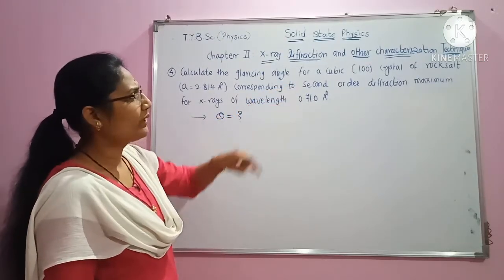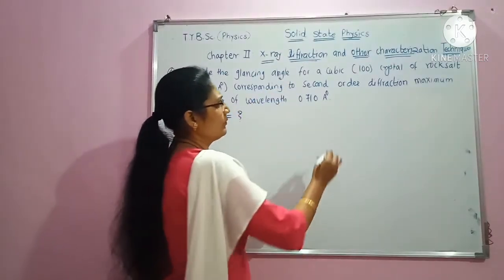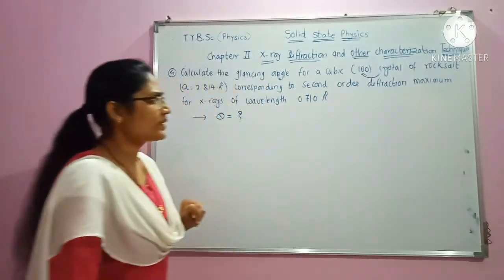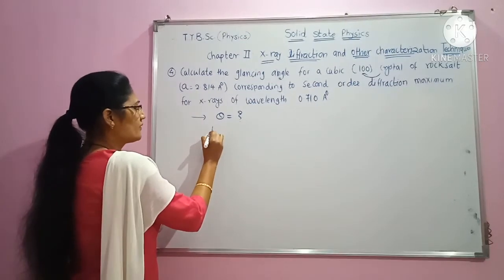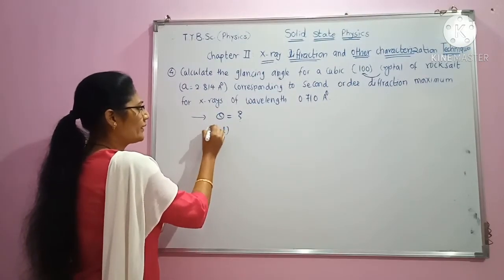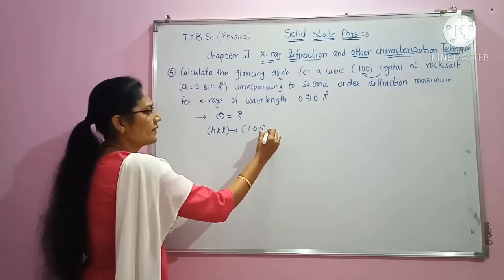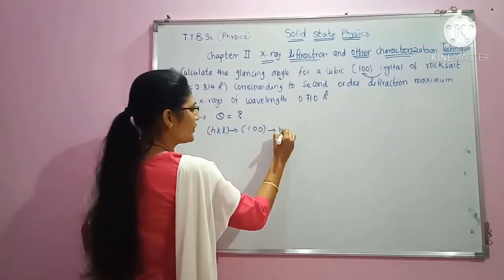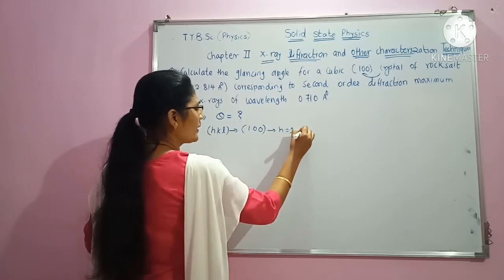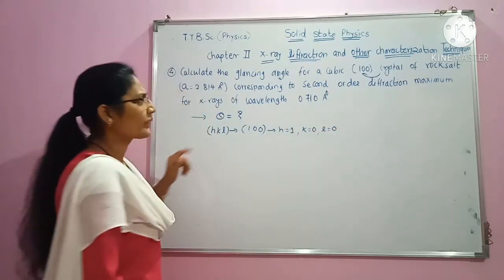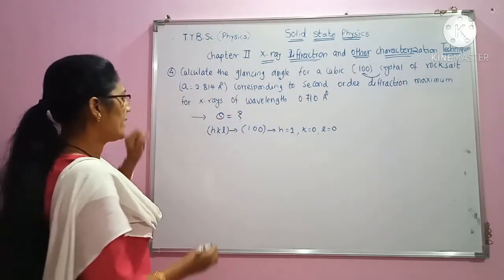For a cubic crystal, plane is given. This is crystal plane. Plane is given means HKL value is provided to us for 100, that is it will give us information related to H is equal to 1, K is equal to 0 and L is equal to 0 of the rock salt, and A is given.